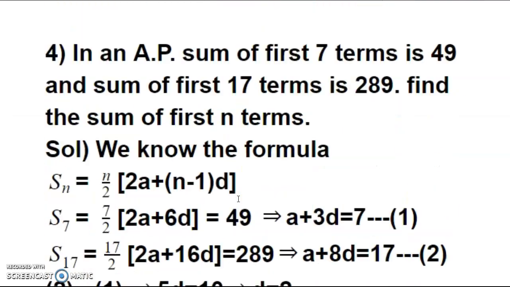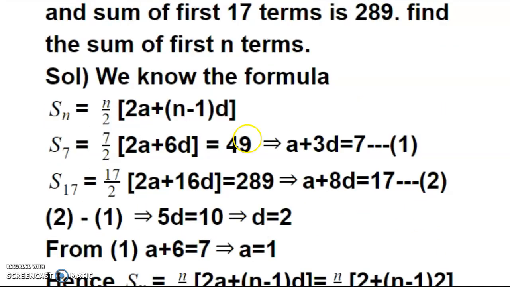Now let us go for the fourth question. In an arithmetic progression, the sum of the first 7 terms is 49 and the sum of the first 17 terms is 289. Find the sum of the first n terms. We know the formula Sn is equal to n by 2 into 2a plus n minus 1 into d.